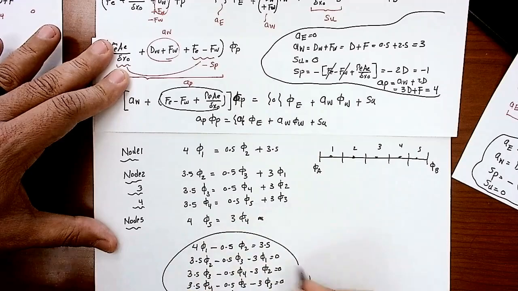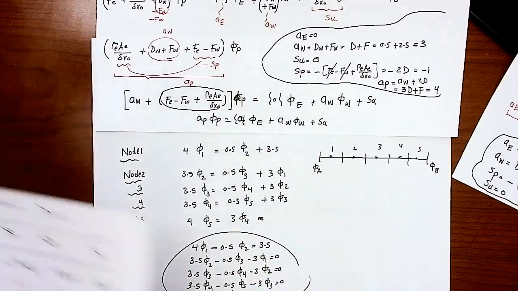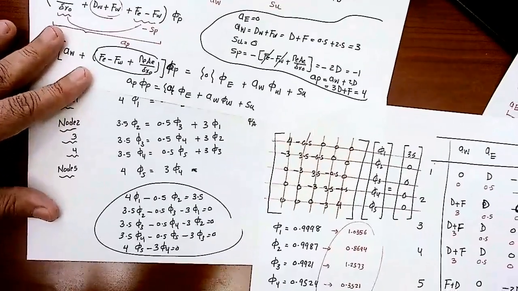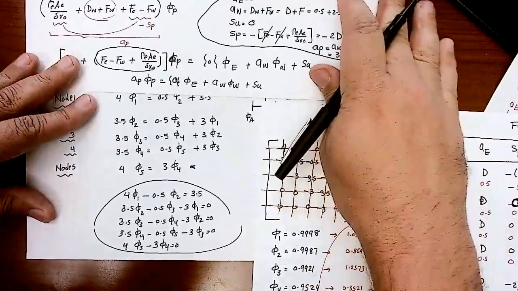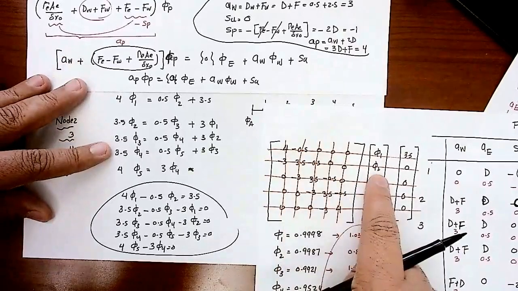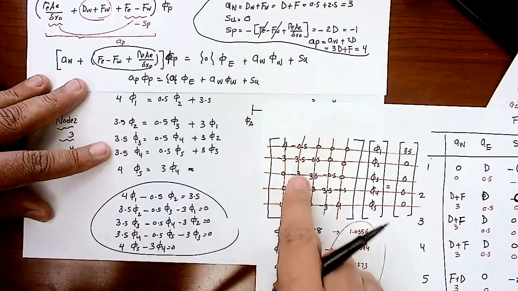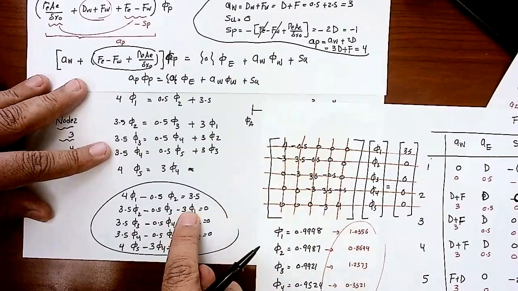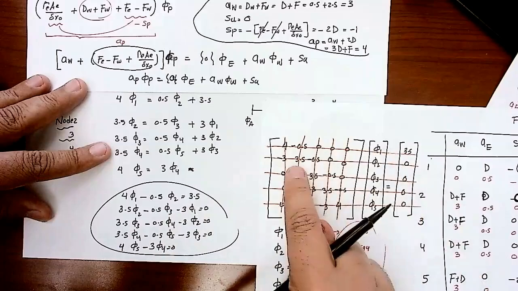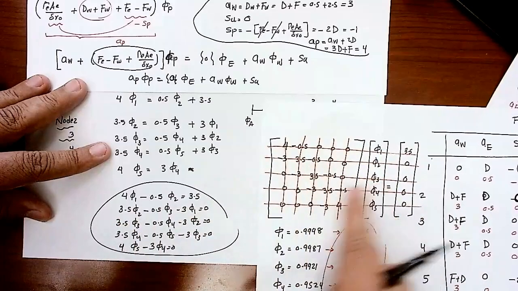If you look at these equations and compare them to the coefficient matrix that we built directly from the coefficient table, you should get the same. So I have 4 phi 1 minus 0.5 phi 2 equals 3.5. Then I have minus 3 phi 1, 3.5 phi 2, and minus 0.5 phi 3 equal to 0.